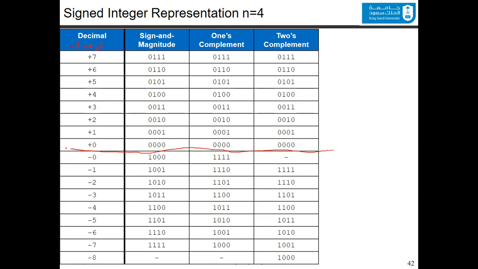If you want to generate -5, then in sign magnitude, you will have 1 in the sign, and you will have the magnitude of the number 5, 101. If you want to get the ones complement, you know that the 5 is 0, 1, 0, 1. This is the 5. To get the 1's complement, you flip all the bits to become 1, 0, 1, 0. To get the 2's complement, you start from the rightmost, you copy the first one, and then you start flipping the rest of the bits here, 1, 0, 1.